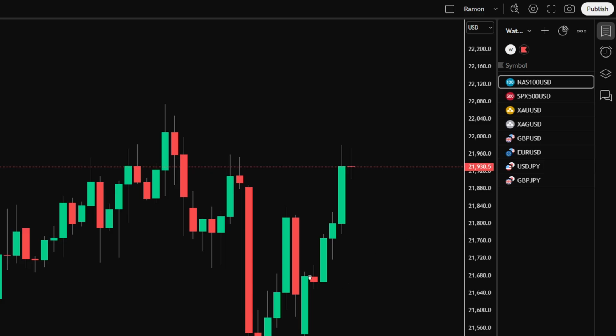By the time I was recording this, the price was at 21,930.05. So this 0.05 means the price is at 5 pips above 21,930. So if this price continues moving up a little bit, let's say it goes to 0.7, we would say the market has moved up by 2 pips, because the decimal place gives us the number of pips the market has moved.